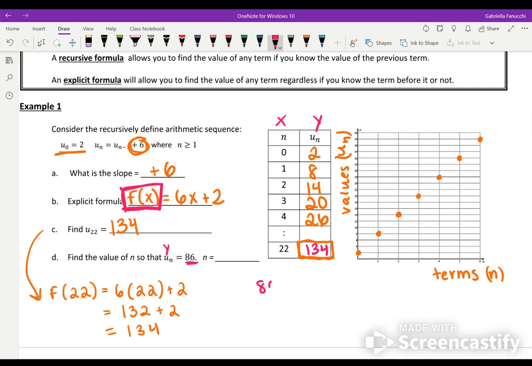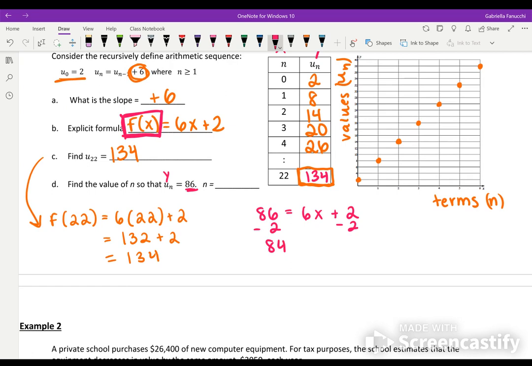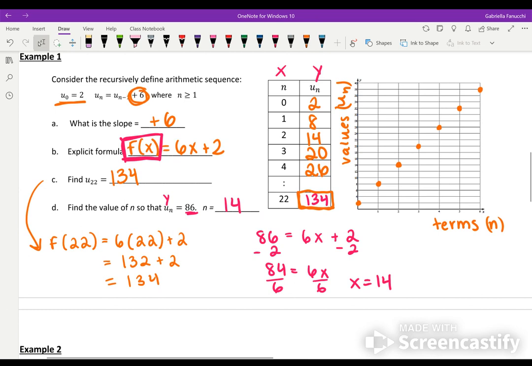So we'll have 86 is equal to 6x plus 2. We're trying to solve for x. So we subtract 2 from both sides. We have 84 is equal to 6x. I'll divide by 6 on both sides. So x is equal to 14. So the 14th term has 86 for the value.